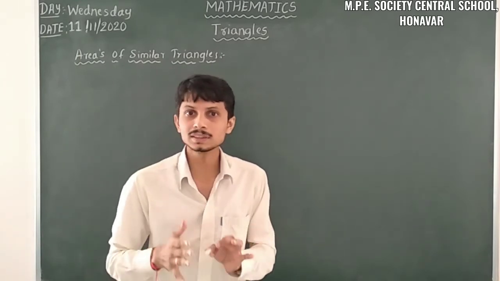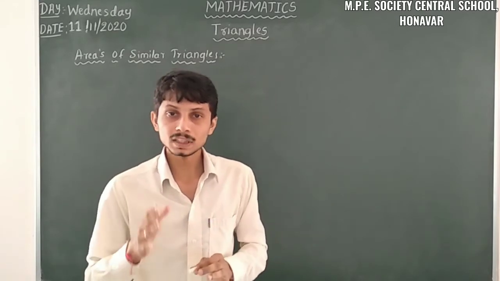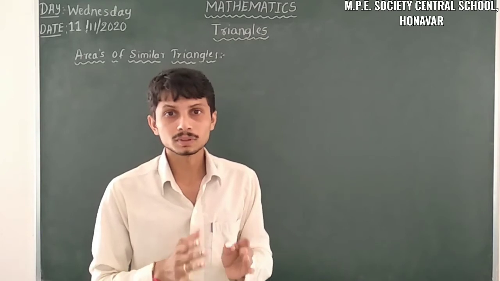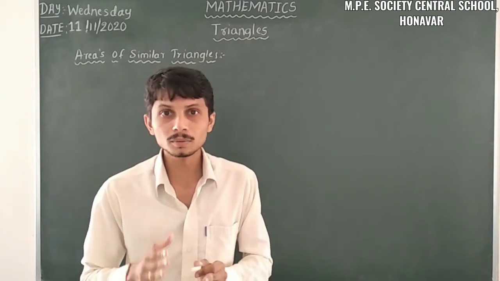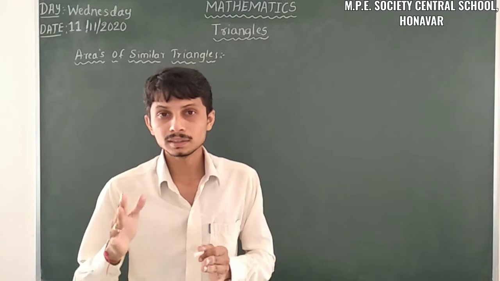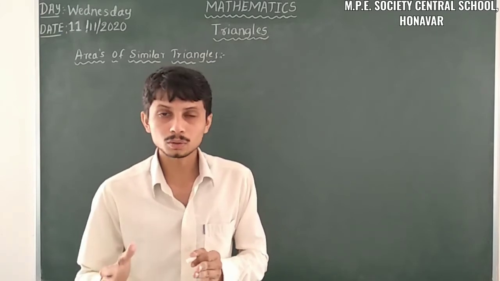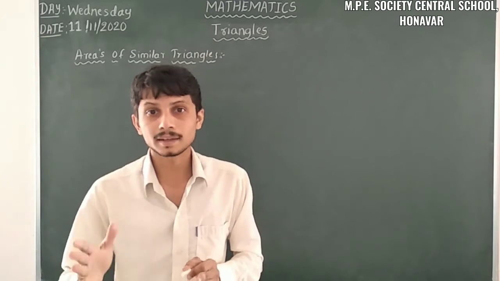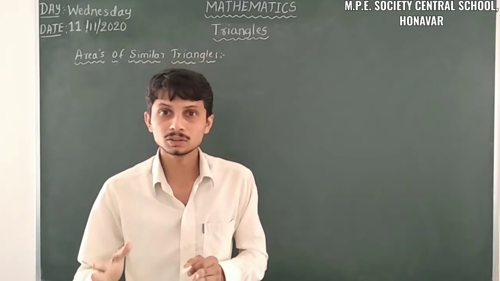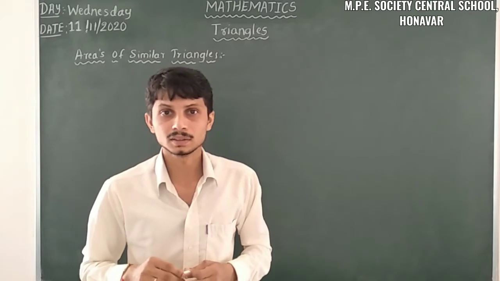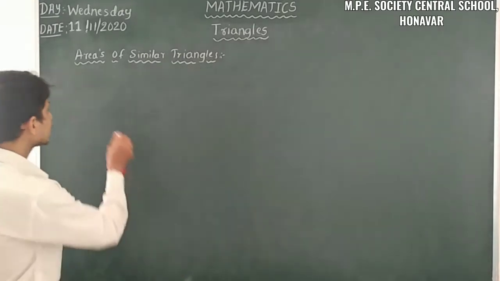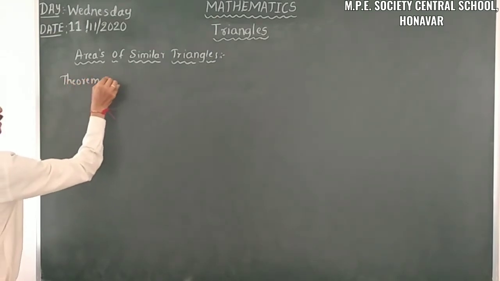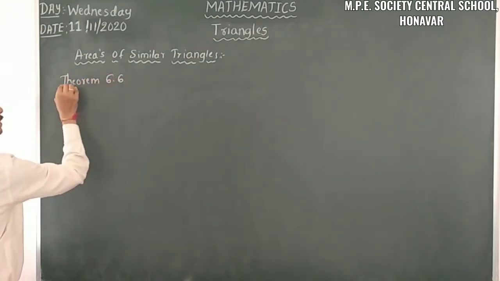Theorem 6.6 states that the ratio of areas of similar triangles is equal to the square of the ratio of their corresponding sides. Theorem 6.6.